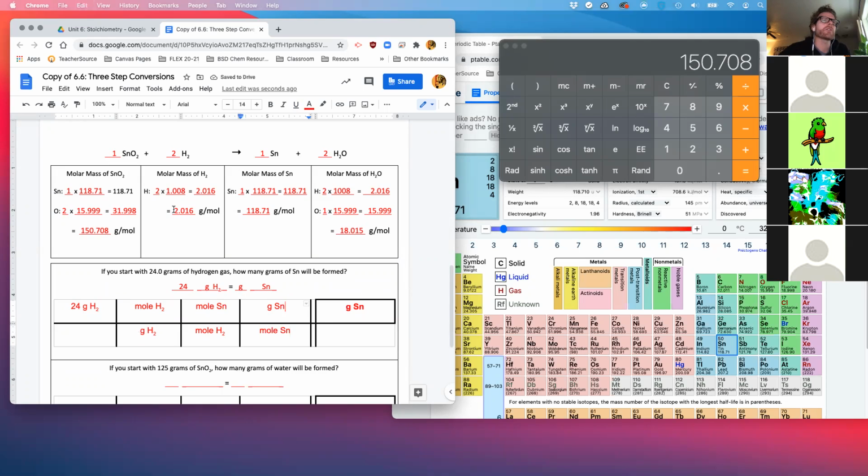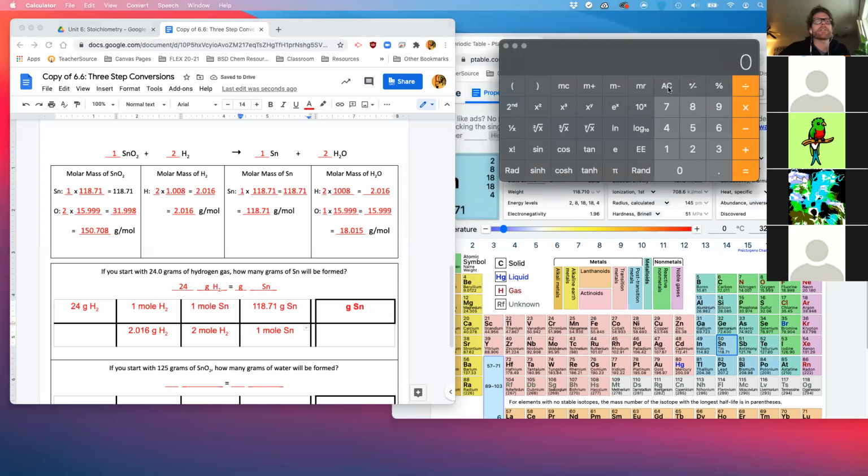This is hydrogen gas, so I'm going to be using this one right here. So I have 2.016 grams of hydrogen gas for every 1 mole. For this mole to mole, I use the balanced equation. I have 1 Sn for every 2 H2s. And my molar mass of Sn by itself is 118.71 grams for every 1 mole.